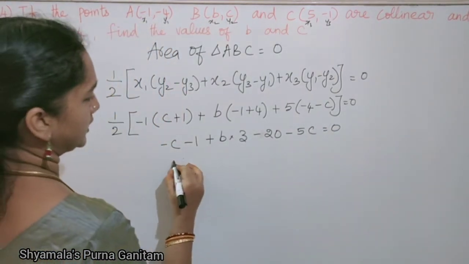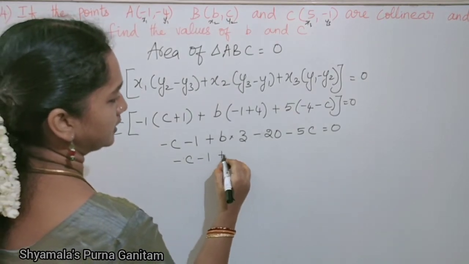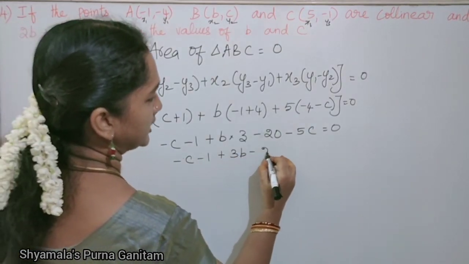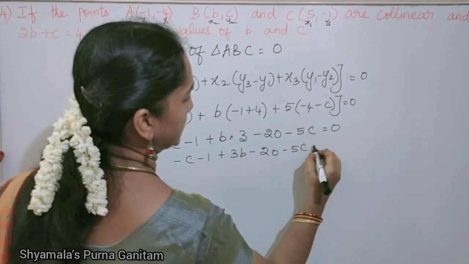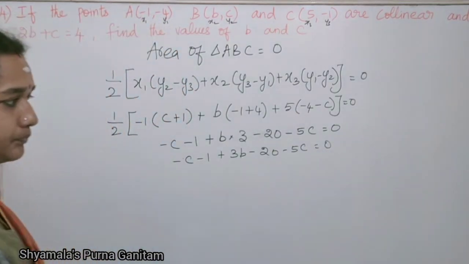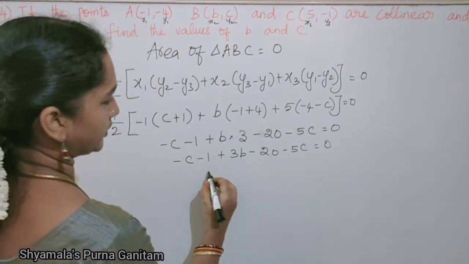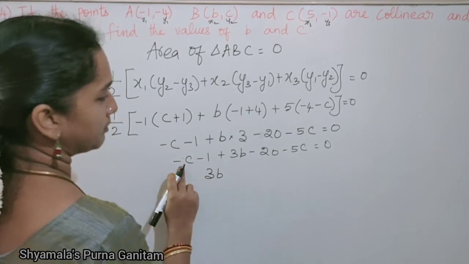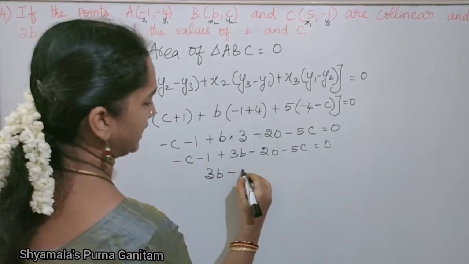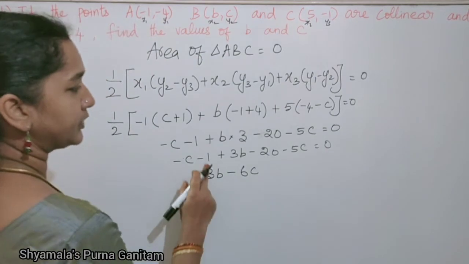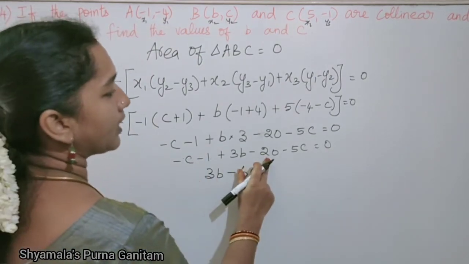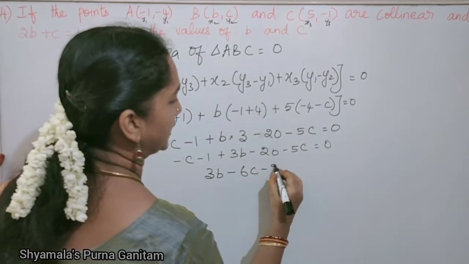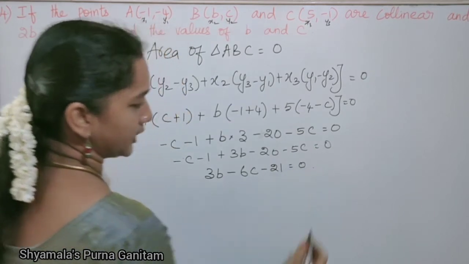Now minus c minus 1 plus 3b minus 20 minus 5c is equal to 0. So this will be 3b, minus c and minus 5c will be minus 6c, and then minus 1 minus 20 is minus 21, equal to 0.